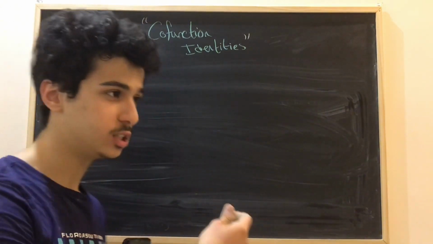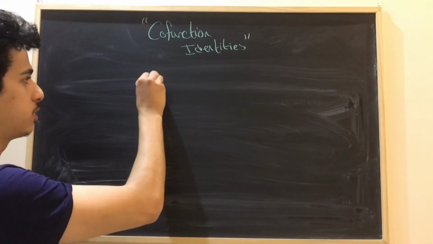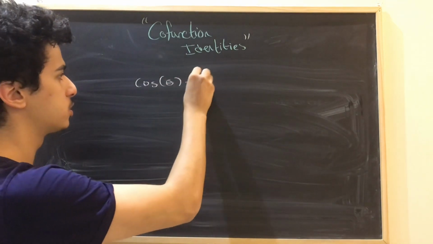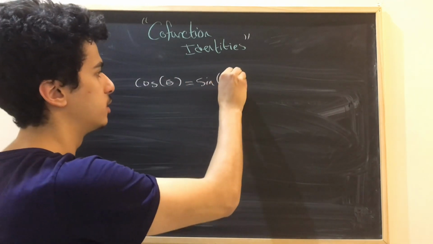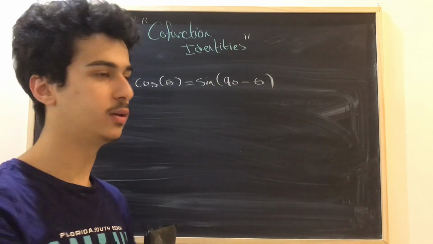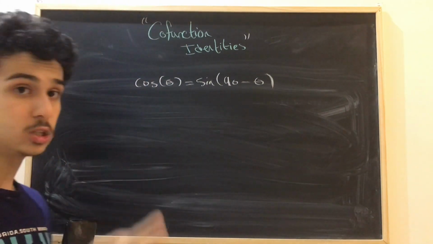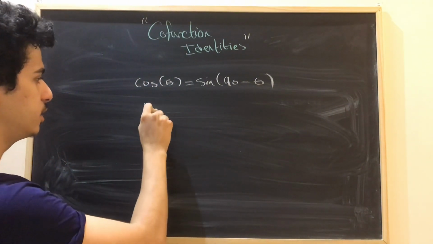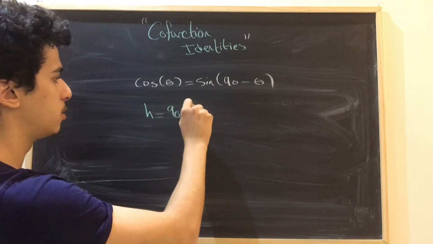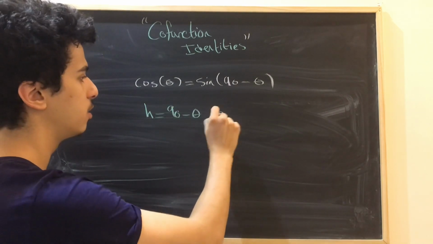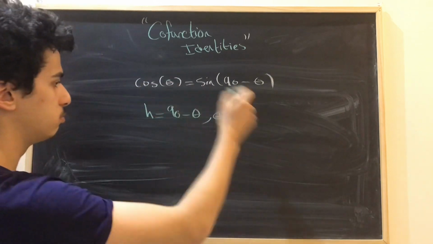But wait, I just proved that cosine of theta is equal to sine of 90 minus theta. What about the other way around? Well, that's an easy fix. You can just name 90 minus theta h, and that means that theta will equal, well, 90 minus h.